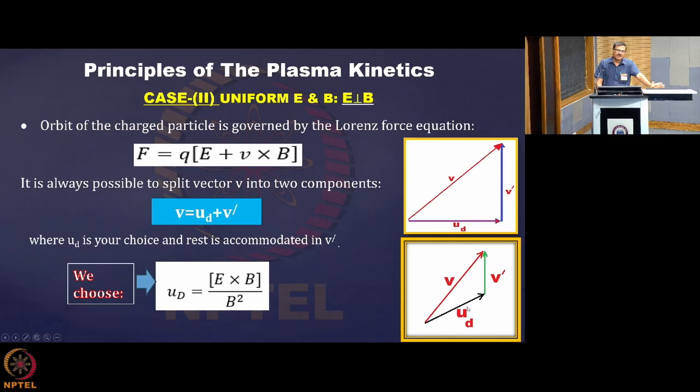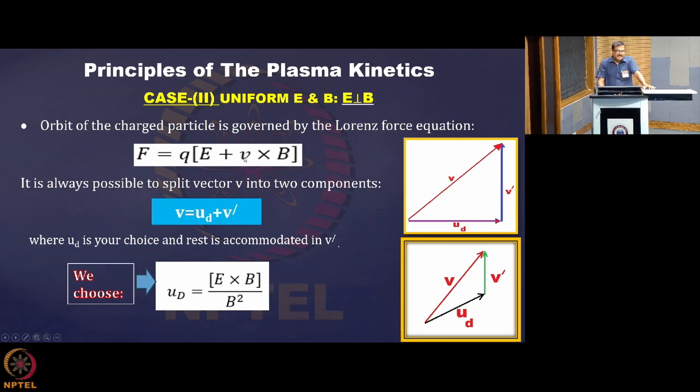So if I am rigid about one component, the other component automatically comes, whatever the value. You are free to choose this value. Then ud you have fixed, and v dash comes as per the requirement, and you get the vector like this. Here the equation was QE plus V cross B.